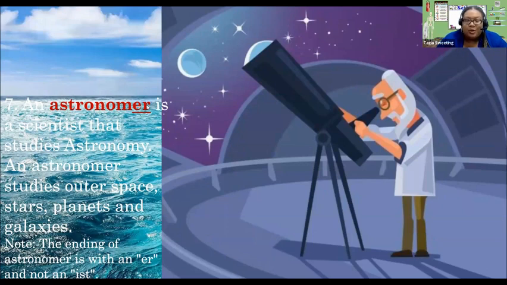So in astronomy, this particular scientist is going to study the outer space, the stars, the planets, the galaxies, and the whole entire universe that is beyond the Earth. So, like I said, take note that the ending of astronomer is with an ER and not IST. So please don't say astronomist. It is called an astronomer.